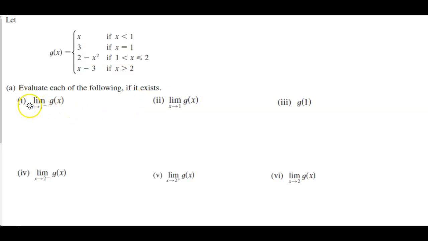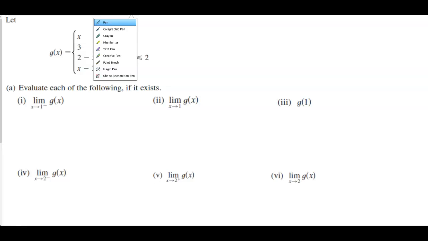In the first one, it says, find the limit of the function g of x when x is approaching 1 from the left. So we need to look at the scenario where x is approaching 1 from the left. We're going to notice it here in the restriction of the piecewise function.